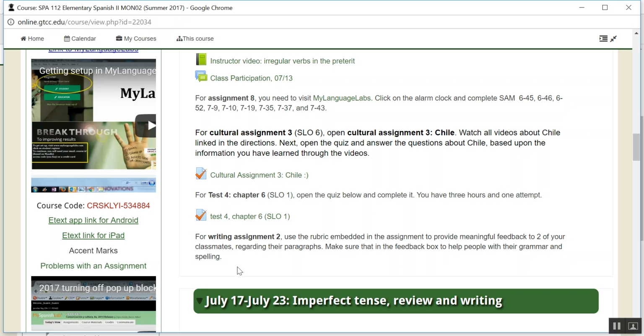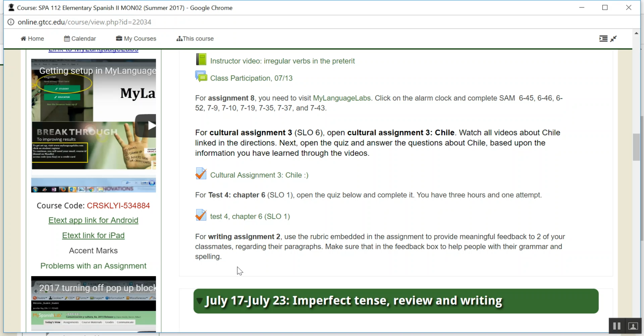Nobody's going to get a grade based on that, and if they do, I'm going to go back and manually change it. I only want you to get 100 for the drafts for having completed them, but you need to go through and mark up two other people's, and then in the comment section, make suggestions regarding grammar and spelling, because those are things that we all mess up on and we could use other people's help.